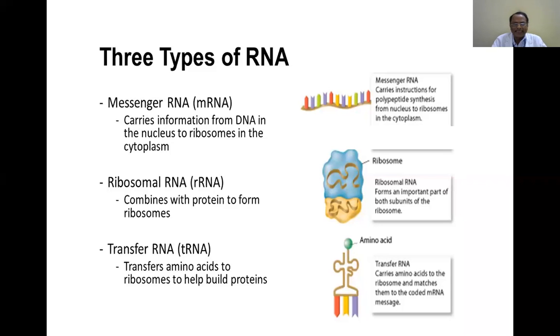And how are they synthesized? One nucleotide is linked to another by a phosphodiester linkage, isn't it? When these phosphodiester linkages are made for the synthesis of DNA, we call the enzyme DNA polymerase.